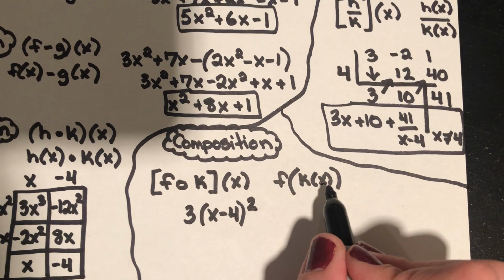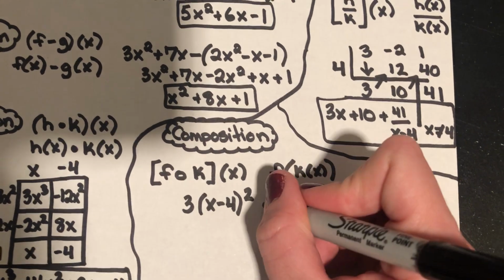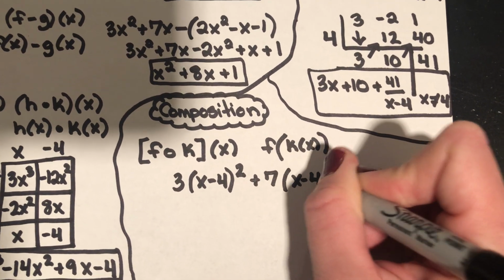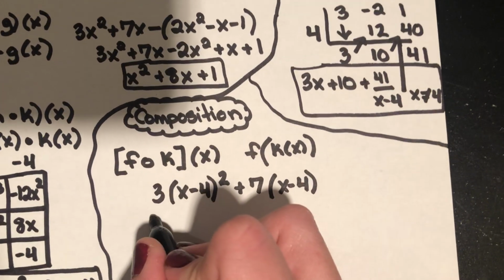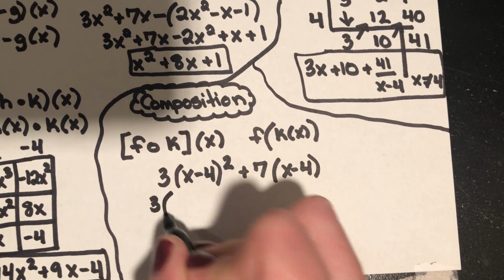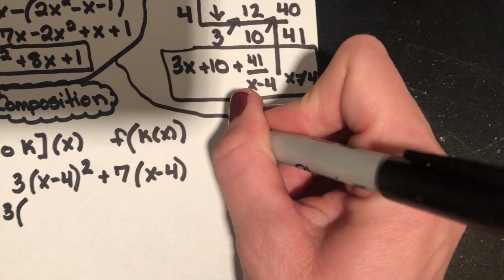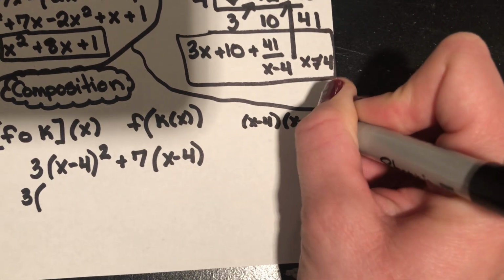That's k of x. I'm substituting in k of x for every time I see x in f of x, plus 7 times x minus 4. All right, so I'm going to keep this 3 on the outside here, and I'm going to do x minus 4 squared. If you want to actually see x minus 4 squared being done, I have an x minus 4 times x minus 4.